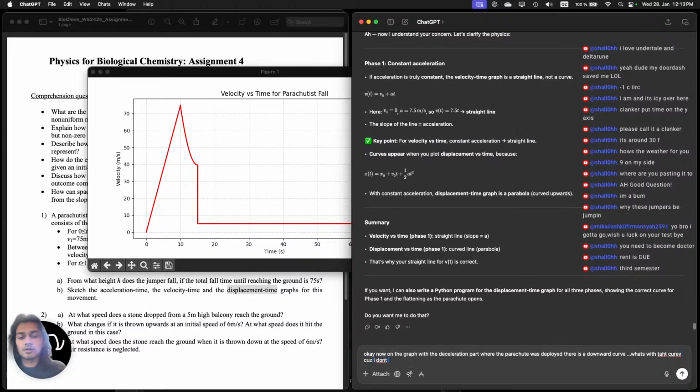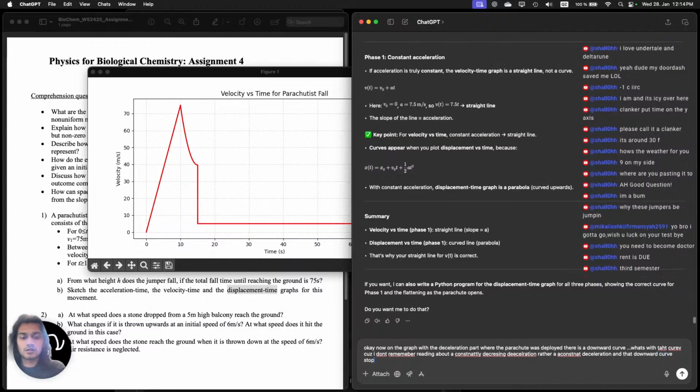Because I don't remember reading about a constantly decreasing, rather a constant downward curve that stops at 40 meters per second. And then it's a straight line.